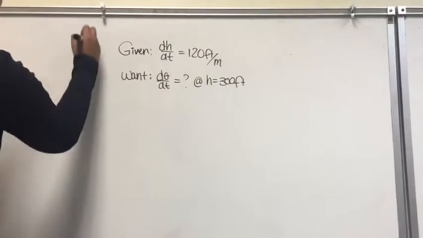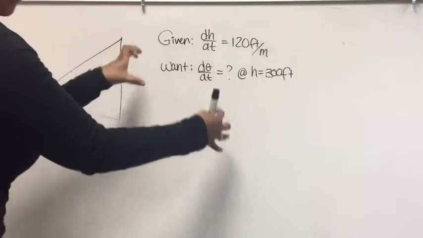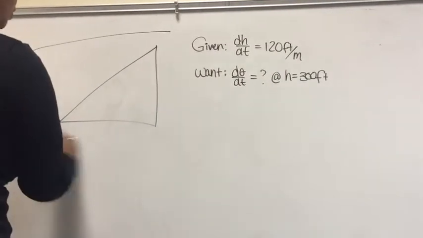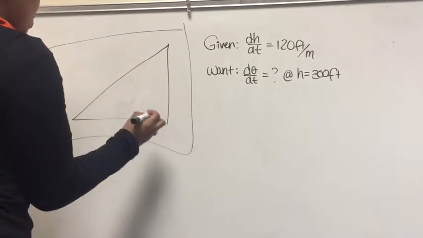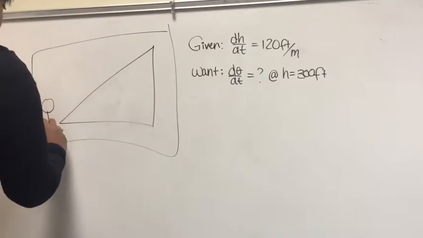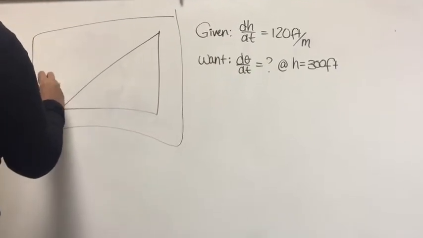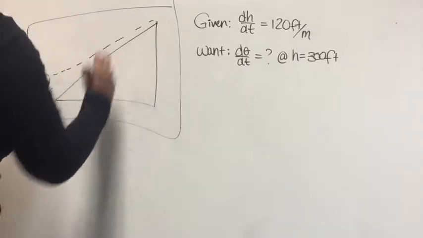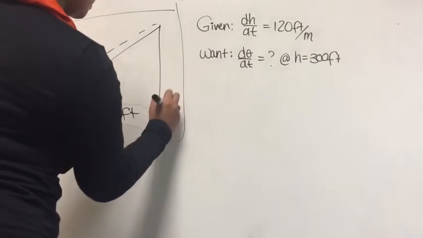All right, so over here you see I've condensed the variables. And right now I'm about to draw a little snapshot picture, which you should also do anytime you solve a related rates problem. According to the problem, you, the viewer, are standing here, 300 feet away from where the balloon is rising.